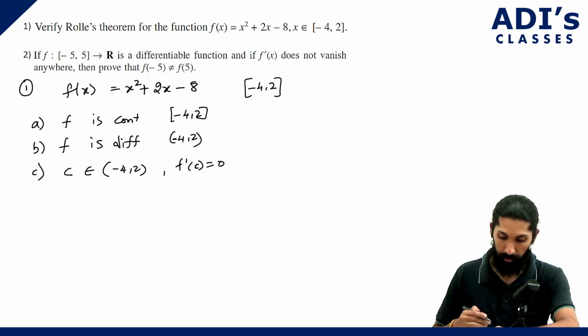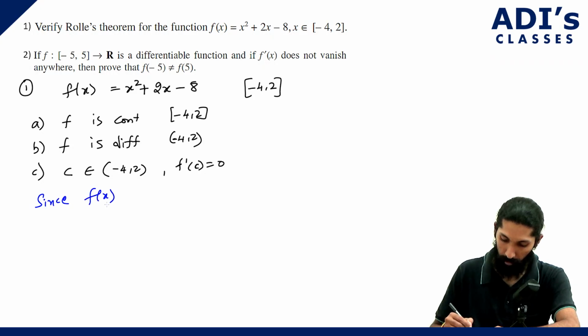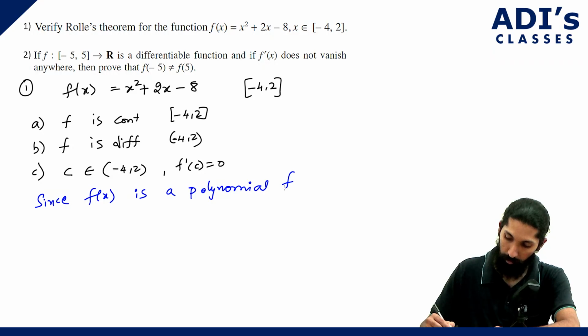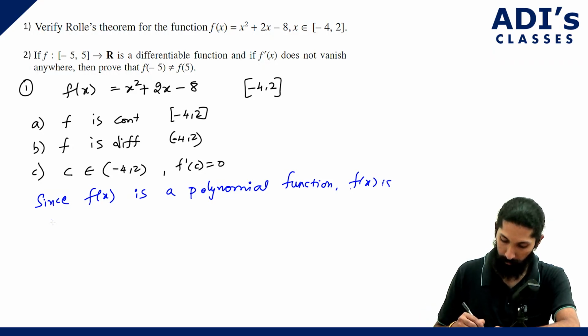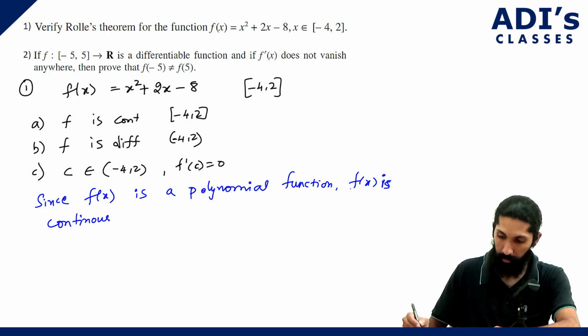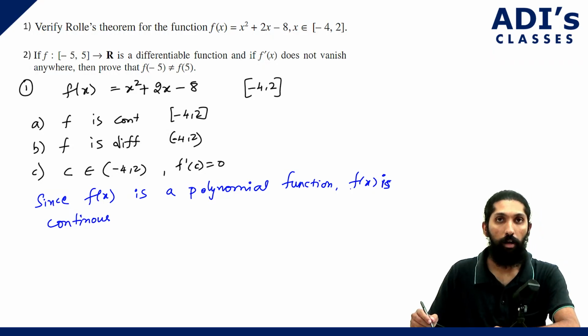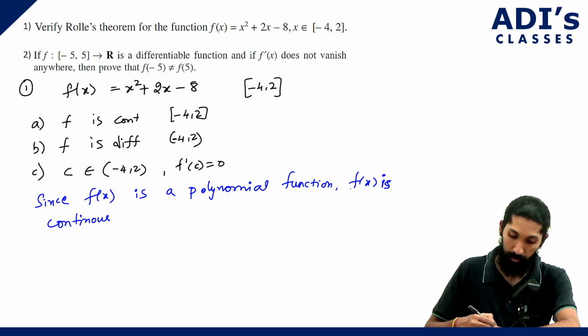So we can write, since f of x is a polynomial function, f of x is continuous, correct? Now after that, f is differentiable.